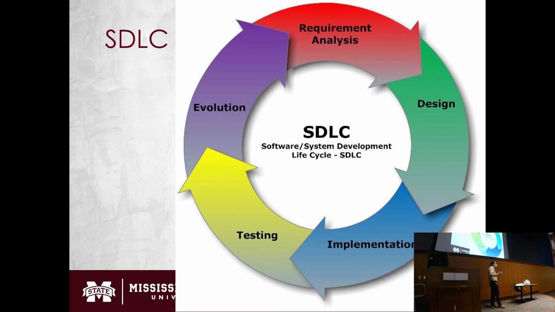Key stakeholders would be maybe the IT department, some instructors, maybe administrators. Anyone who has a stake in the attendance system would be included in the requirements analysis. What you're trying to do there is see what the system needs to accomplish.